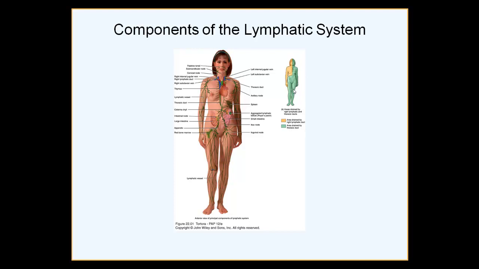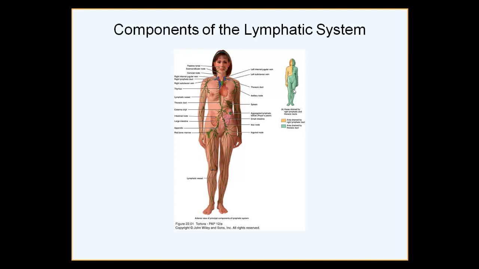These are not the primary, they are actually the secondary lymph tissues. The primary lymph tissues we will be talking about are really the thymus and the bone marrow, since the synthesis takes place there.